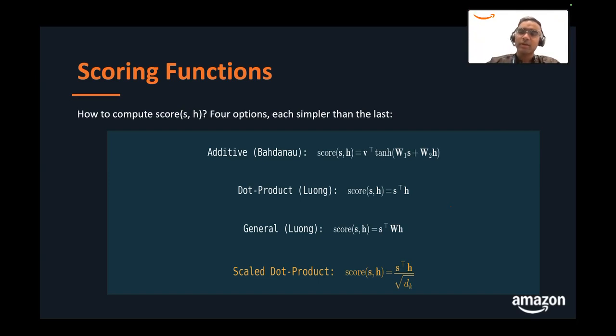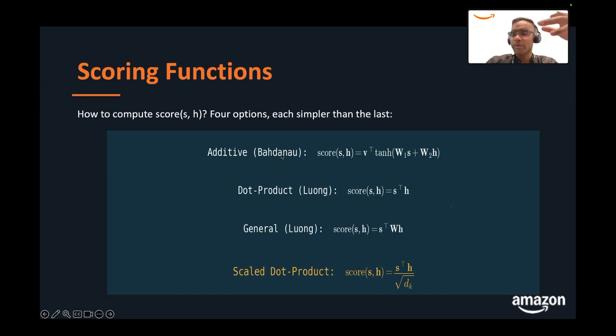I apply an activation function on it to have some non-linearity as well. And then I take this vector V transpose and multiply it with the output of my simple one-layer neural network, which takes S and H and gets some output vector. I want its dot product with this vector V.